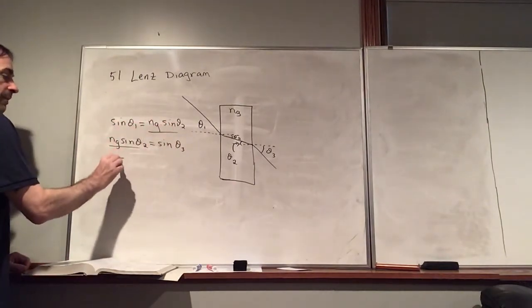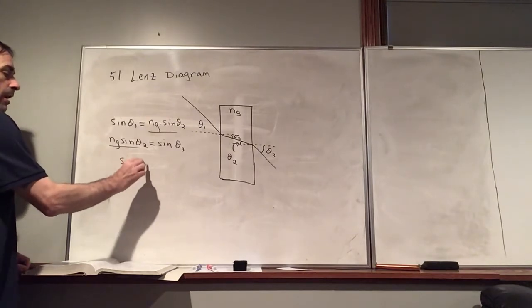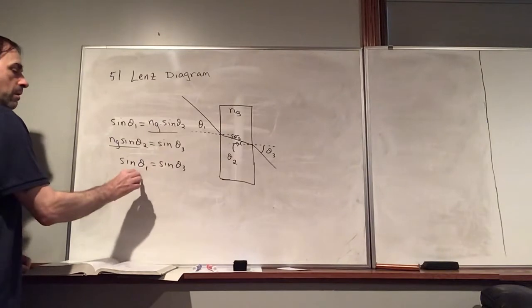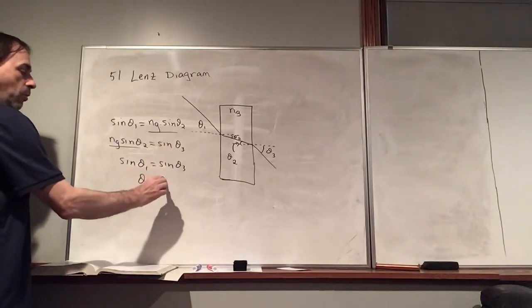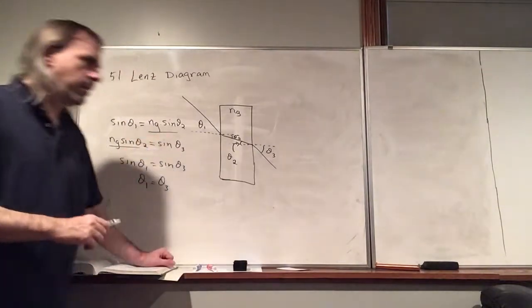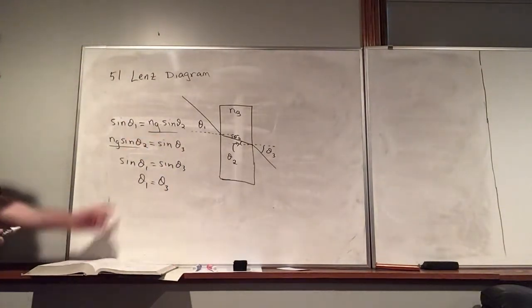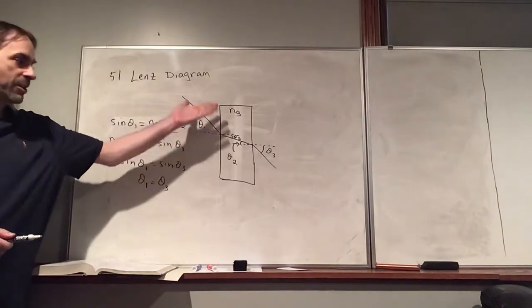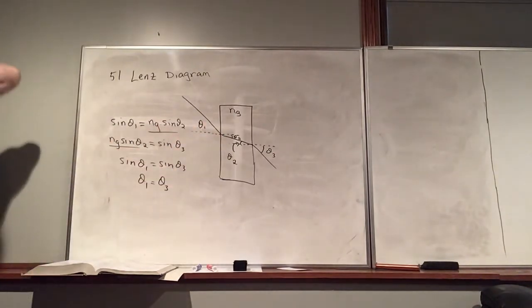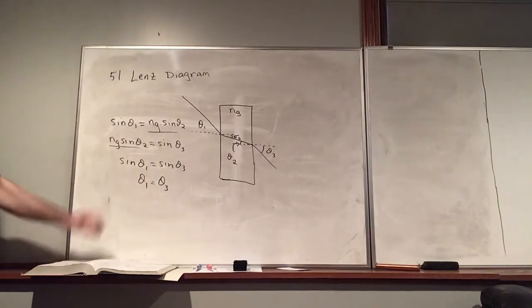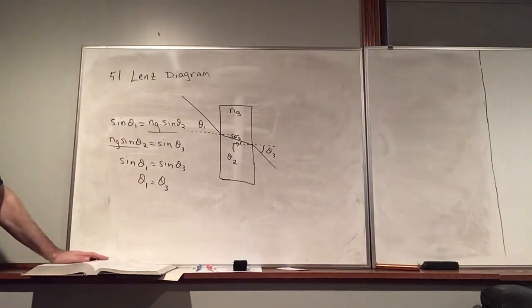So what we have is sine of theta 1 equals sine of theta 3, or theta 1 equals theta 3. Just purely mathematically, this does not follow from this, but these are obviously angles between 0 and 90 degrees, so if the sines are equal, the angles must be equal as well.